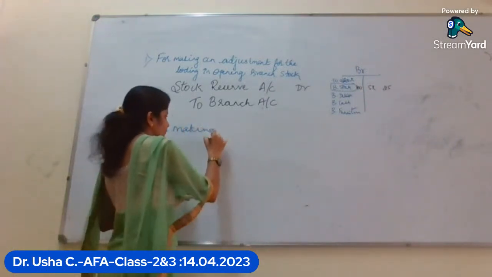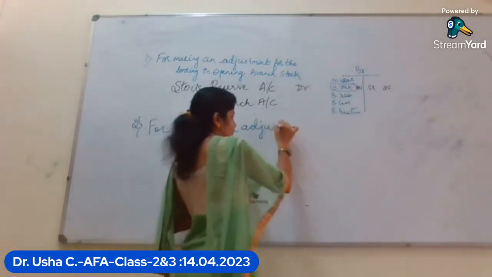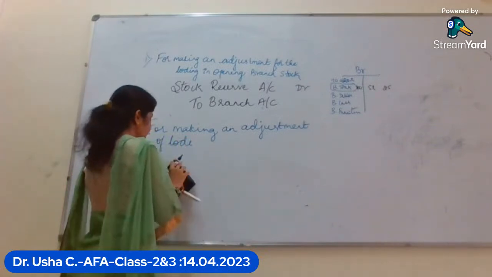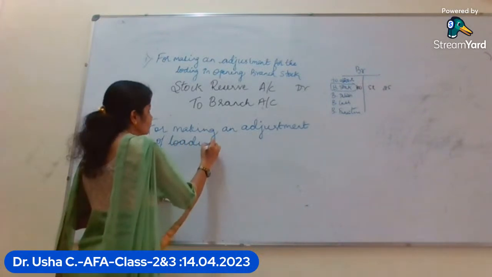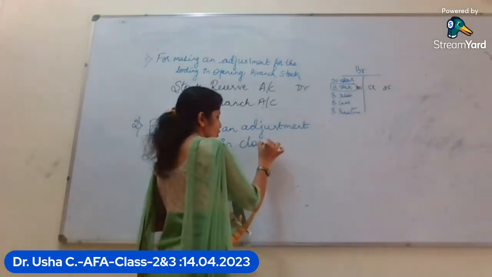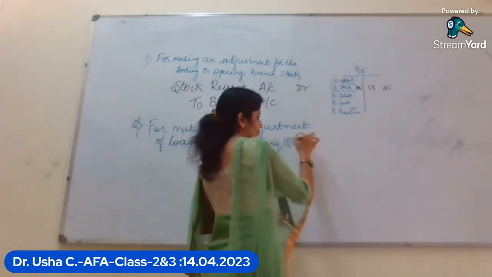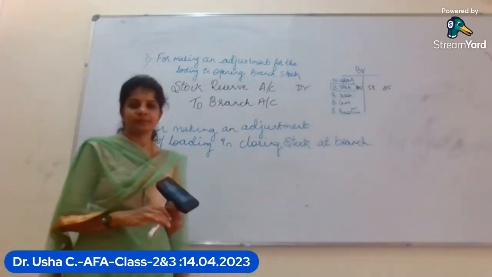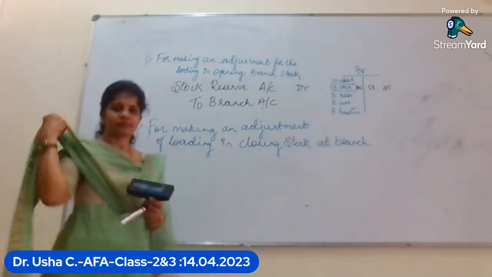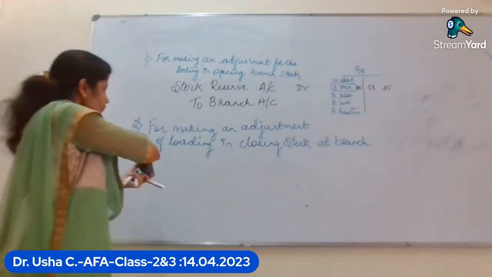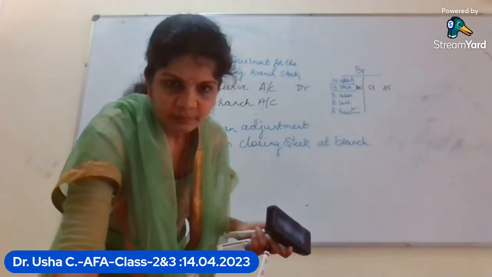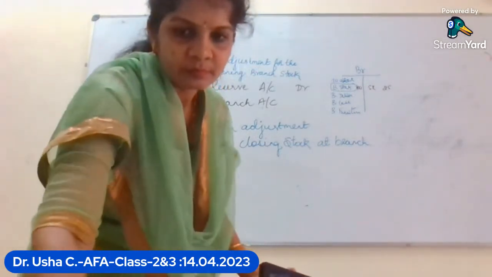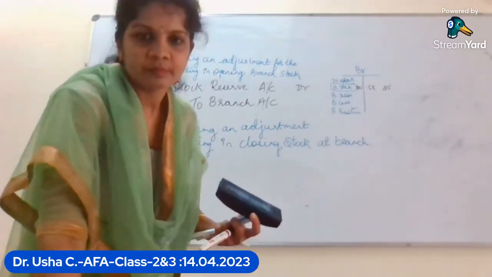And the next, second entry, is for making an adjustment of loading in closing stock at the branch.